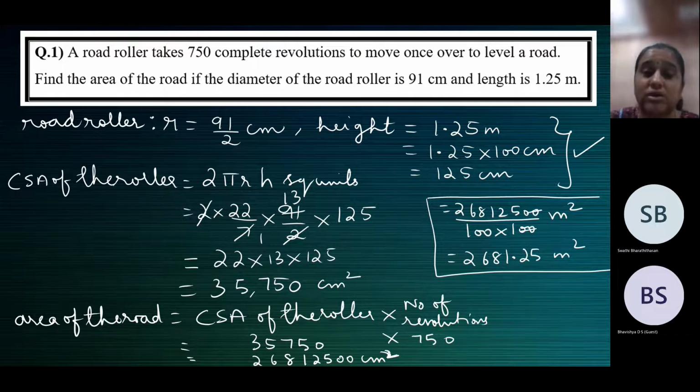The entire road will be the number of revolutions, 750, into CSA. CSA is the area in one revolution. So the area covered in 750 revolutions will be the area of the road.